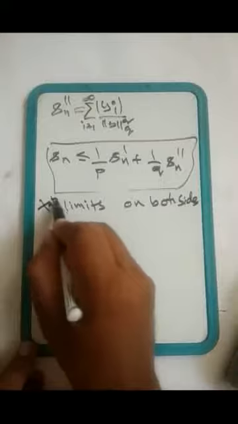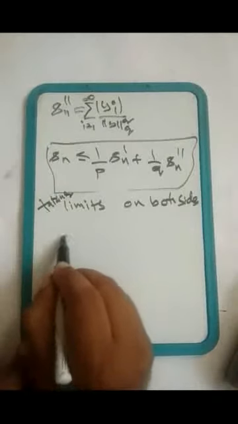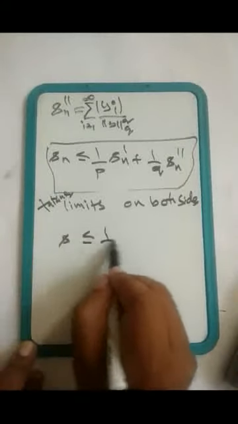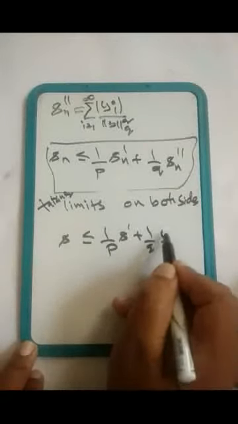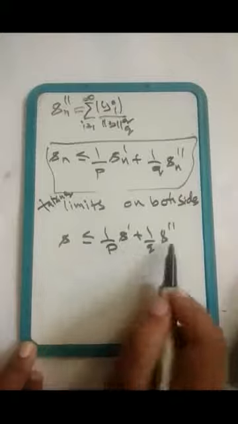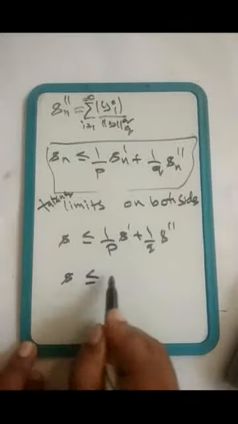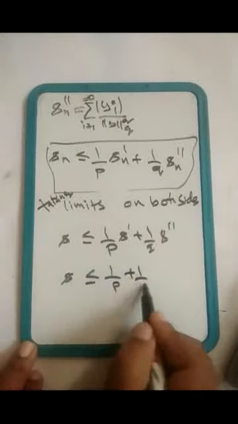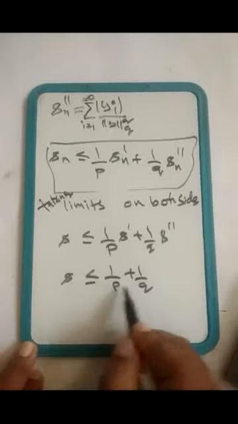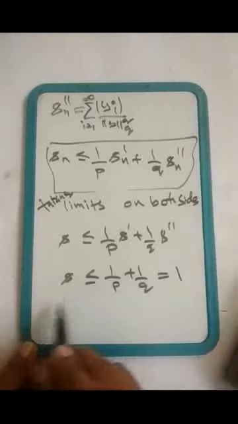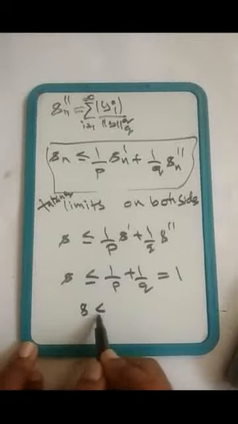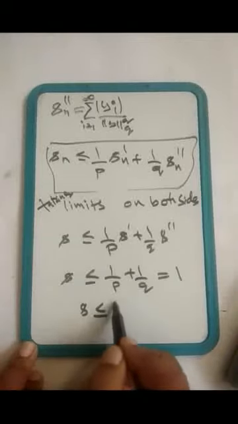We're taking S is less than or equal to 1 by p S dash plus 1 by q S double dash, but this is 1, this is 1, so S is less than or equal to 1 by p plus 1 by q, which is equal to what? It's already 1. So S is less than or equal to 1.